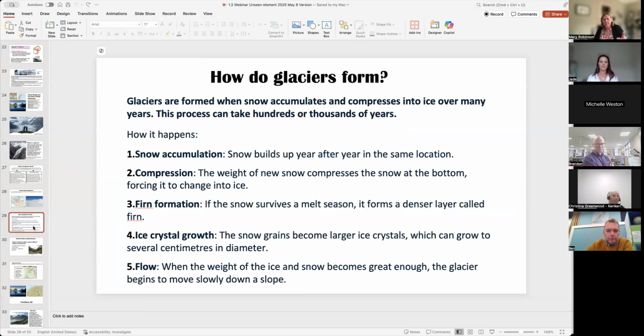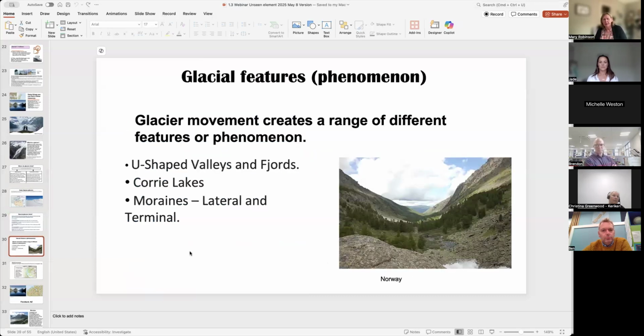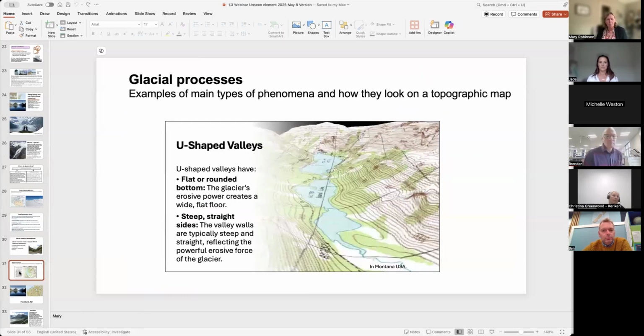Here's information about how a glacier forms. So you can see here, they are really simple. This is a great thing for students to be drawing diagrams, snow building up over these things, building on that to show how a glacier might be formed. We have identified maybe some examples of different types of phenomena that glacial movement creates.